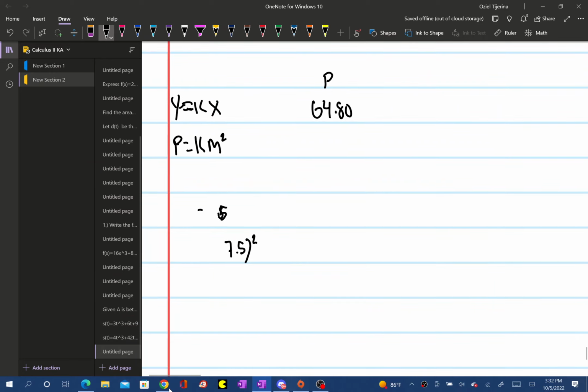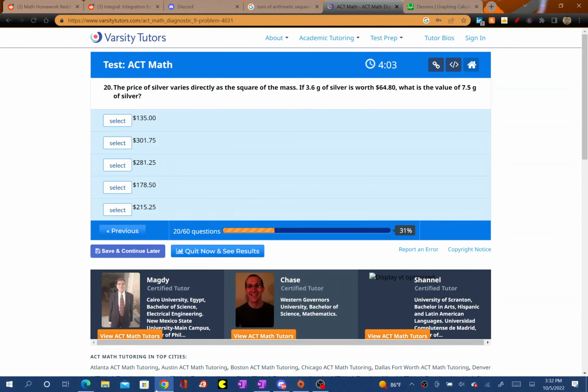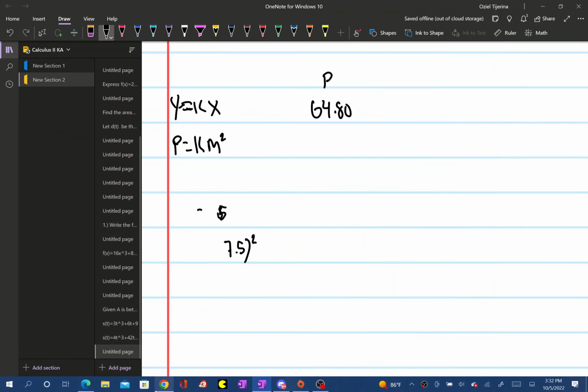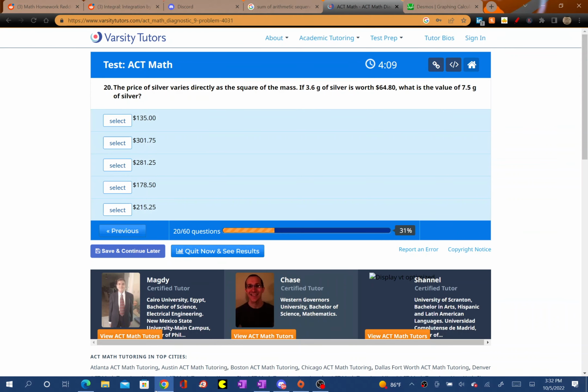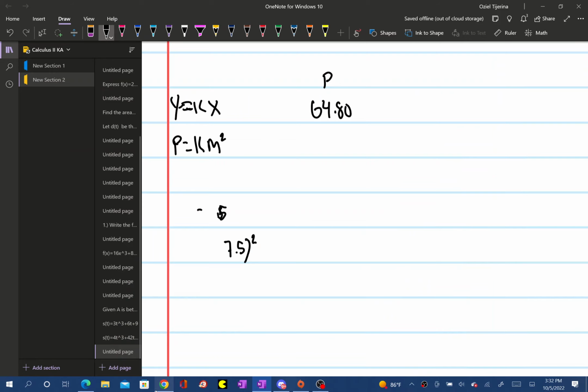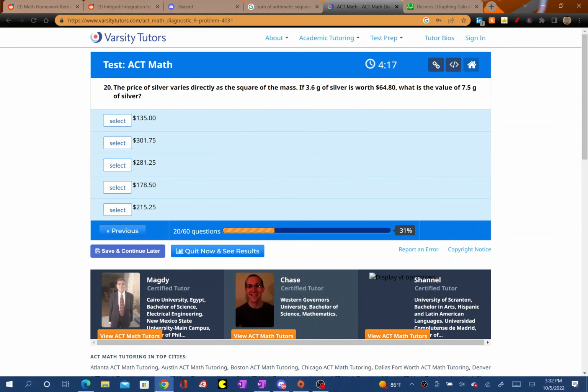P is 6480, and then they're saying that the mass of silver is worth 6480.